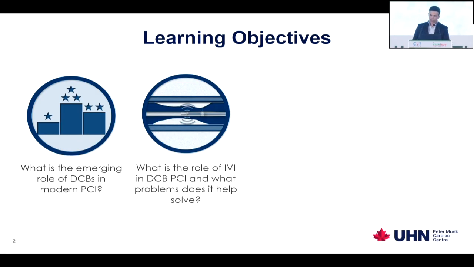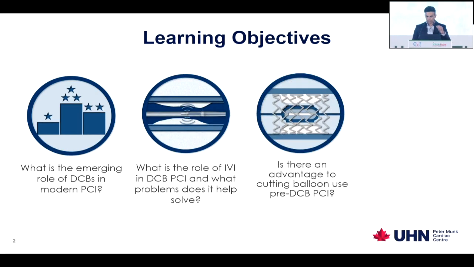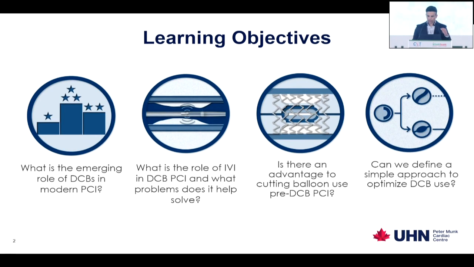I'm grateful to have people like Professor Colombo around who can help us understand this. Is there an advantage to a scoring or a cutting balloon before DCB use, or will POBA do? And can we define a simplistic approach to optimize our DCB use?